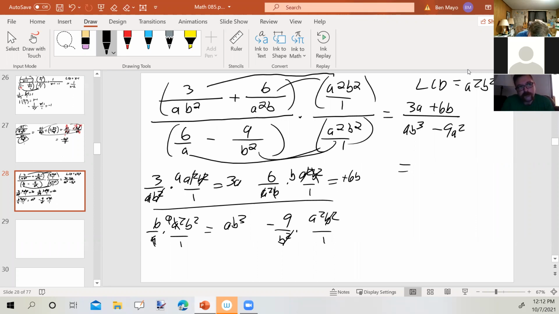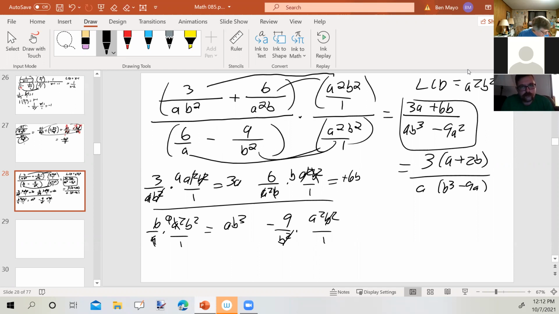Well, let's see. I can factor a 3 out of the top and an a out of the bottom, which gets me nowhere. So that should be my final answer. Let's see here. Okay.